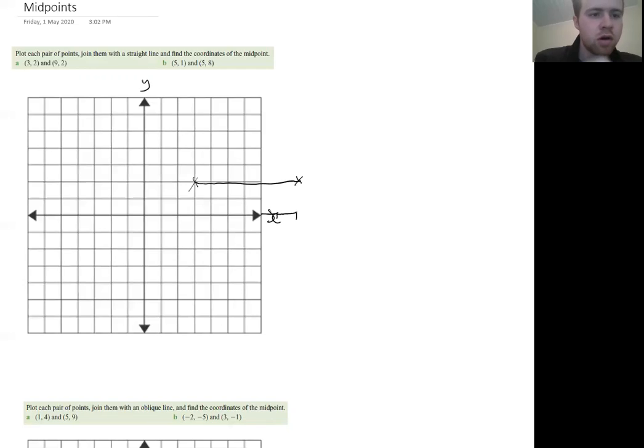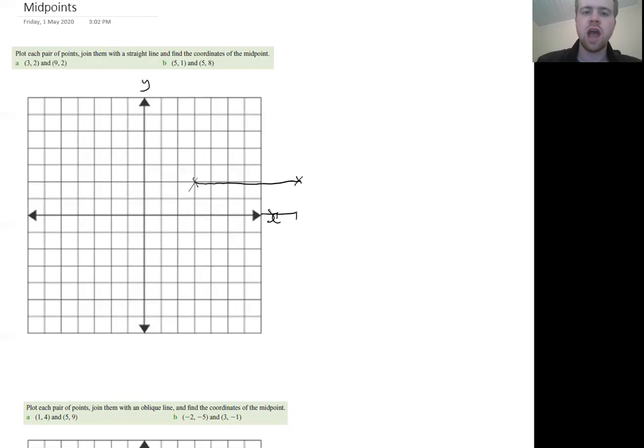Now, the way that we do this is we add up the two x values here, and then halve it. The x value of this one is 3, the x value of this one is 9. So we add them up, we get 12, and then we halve that, and we get 6.